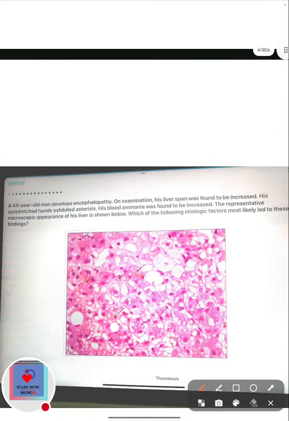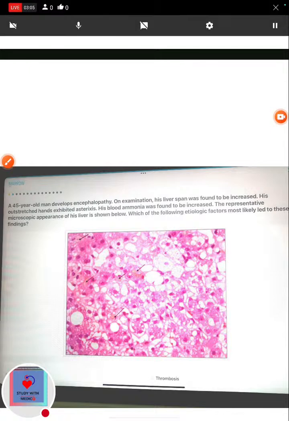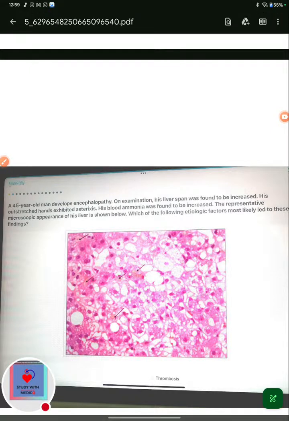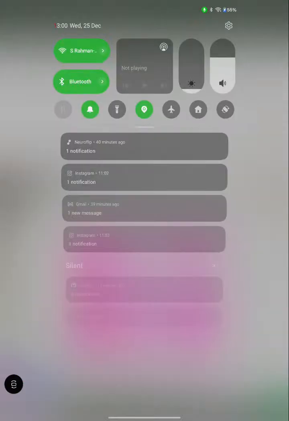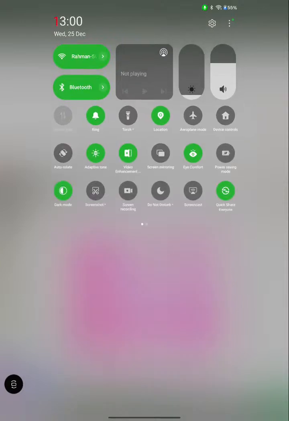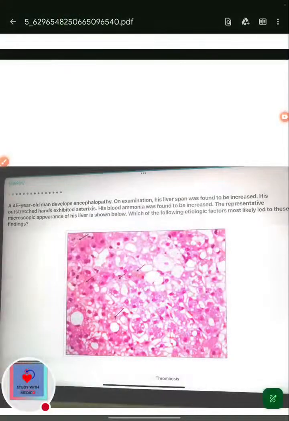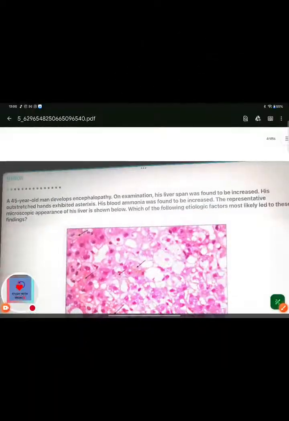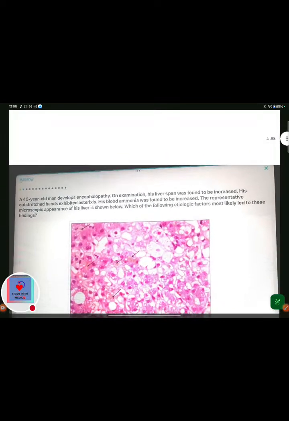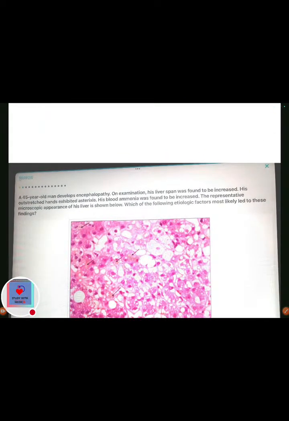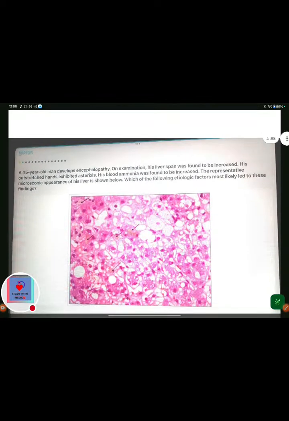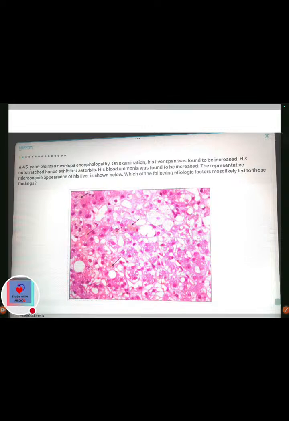I have to change some settings here again, to rotate this this way. Okay, now I think it will be clear. You can rotate your phone so that you can look at it.